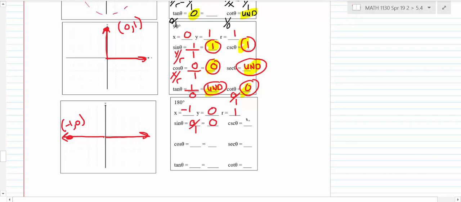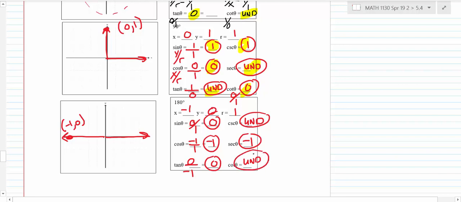The cosecant is the reciprocal of 0, so that's undefined. The cosine is x over r, so that would be -1. The reciprocal of -1 is -1, so the secant's -1. The tangent's y over x, so that's 0. The cotangent is the reciprocal of 0, so that's undefined.